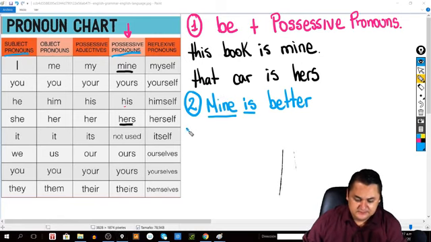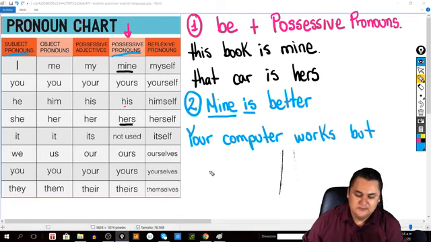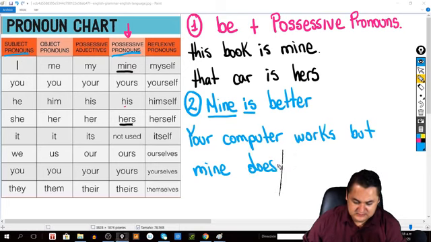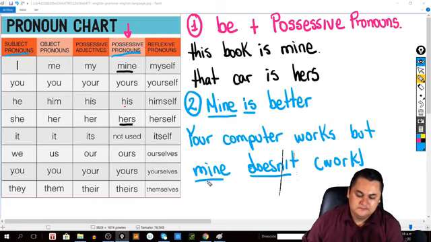For example, your computer works, but mine doesn't. I can say work, but it would be redundant. Your computer works, but mine doesn't. This is the possessive adjective, but this is the possessive pronoun.